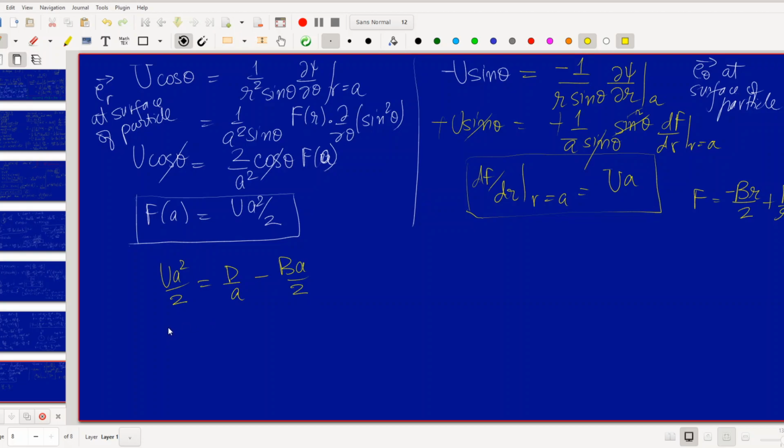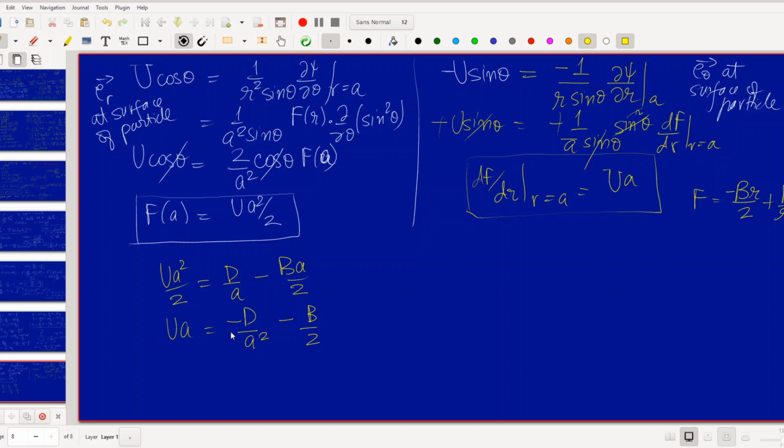And similarly dF dr at r equals a is equal to u a. So what is dF dr going to be? Minus d by r square, so minus d by a square minus b by 2. So these are the expressions. So it's a very easy task to find out what b and d will be.